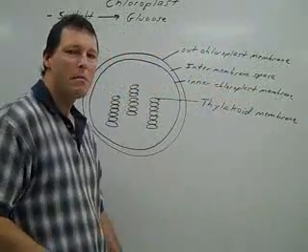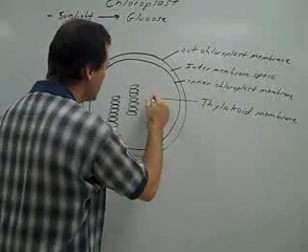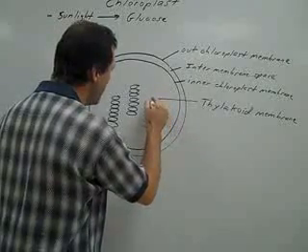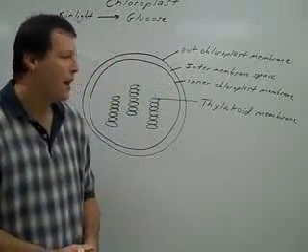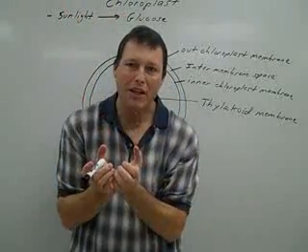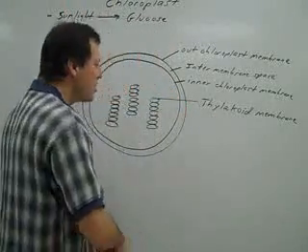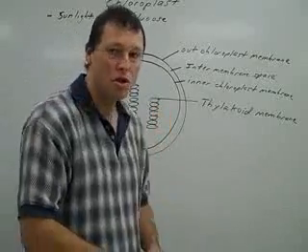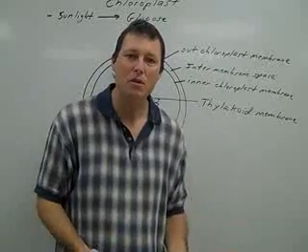This thylakoid membrane is actually going to contain chlorophyll molecules. These are small proteins that are embedded in the thylakoid membrane. And again, the more chlorophyll proteins I have, the more light energy I can capture and store in the form of glucose. So, what we want here, just like in the mitochondria, is lots of membrane, lots of surface area.